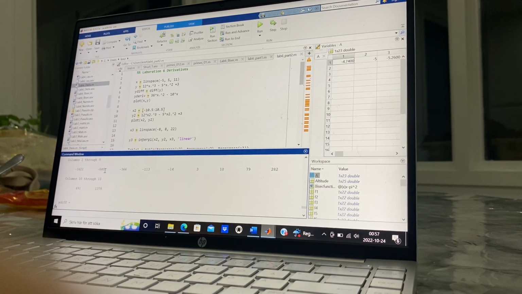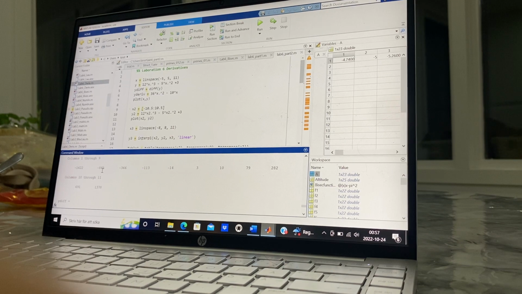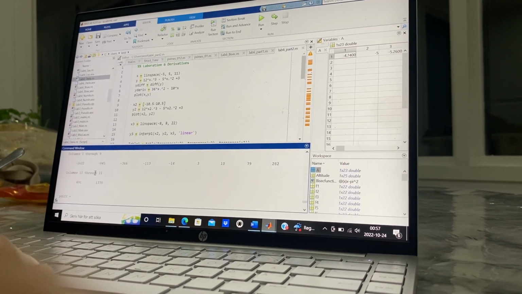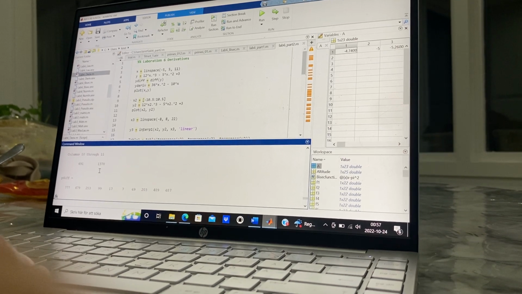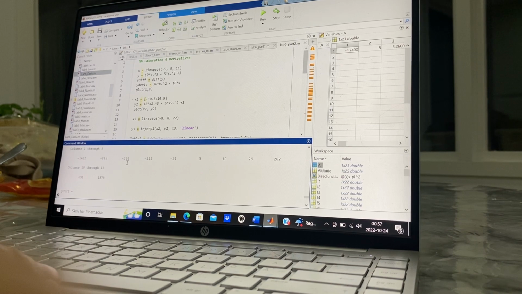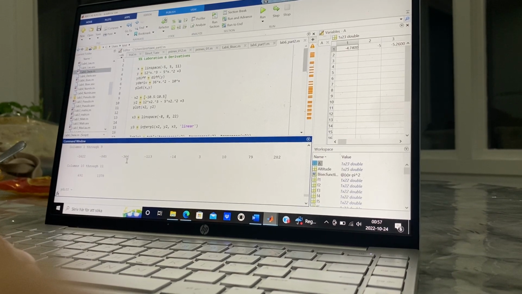-1622 to -845. And then the difference between 845 and 366 as well.